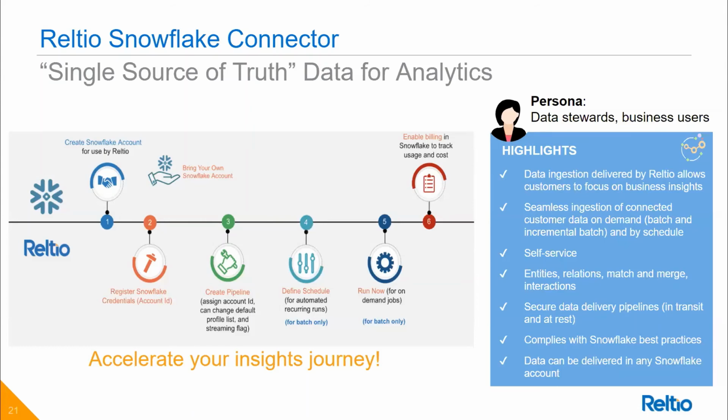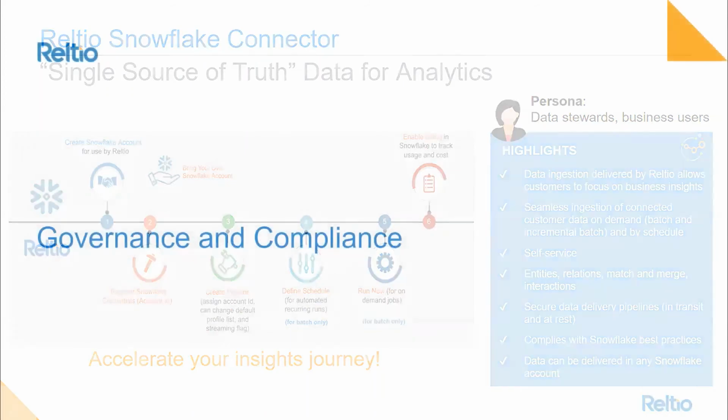The pipeline itself is end-to-end secure, both in transit and at rest, and it 100% complies with Snowflake's best practices. Please reach out to your CSM for pricing and other information, and this information is available on our doc portal. So take a look at the documentation for getting started and the how-to guide. I want to hand it over to Nirmal to go over the improvements in the workflow inbox user experience.